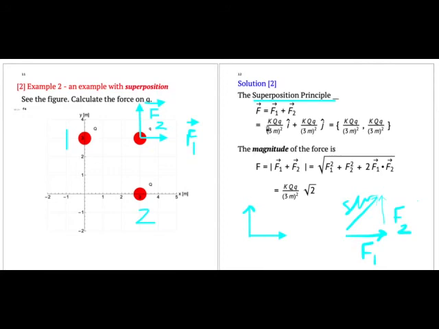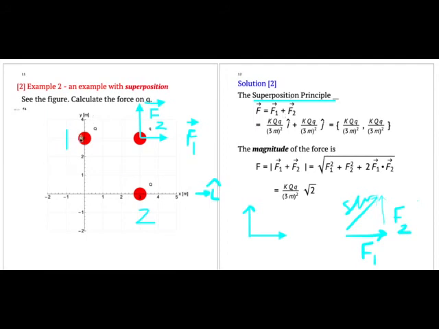What's F1? KQQ over 9, because the distance is 3. Distance squared is 9. In the direction i hat. i hat is the unit vector in the direction of the x-axis. That's a unit vector, so I put a hat over it.